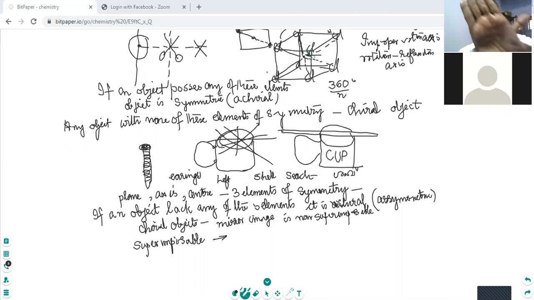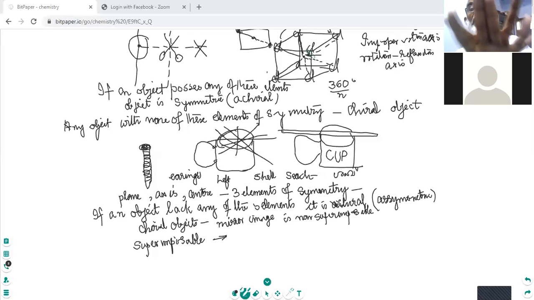Now let me try to superimpose that front and back. Now see, with both my hands the front is towards you. But look at the index finger, the little finger and the thumb. The thumbs are opposite, and the little finger is also opposite.